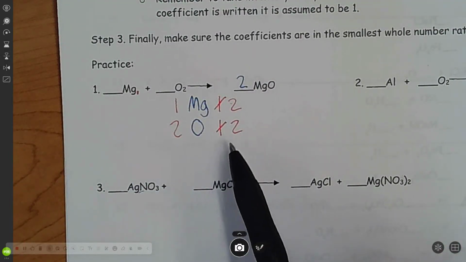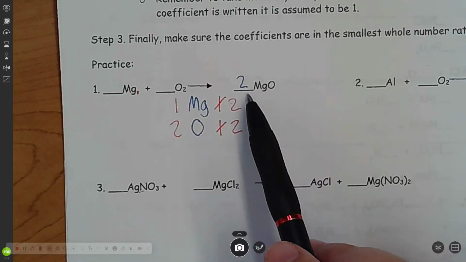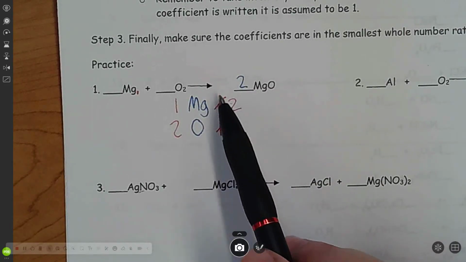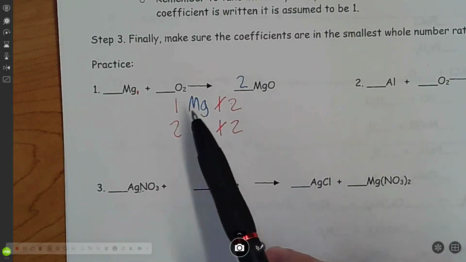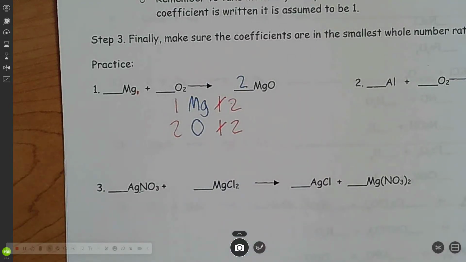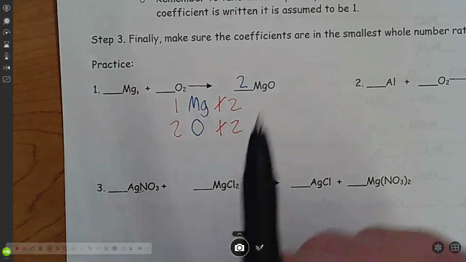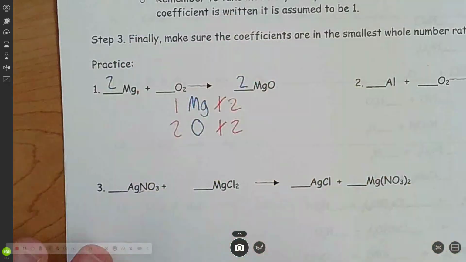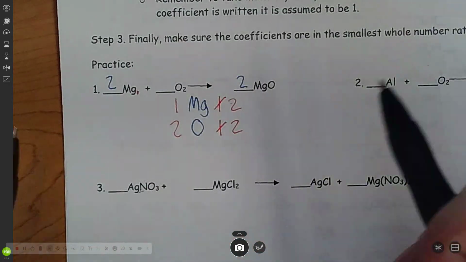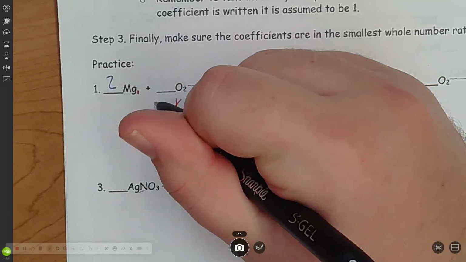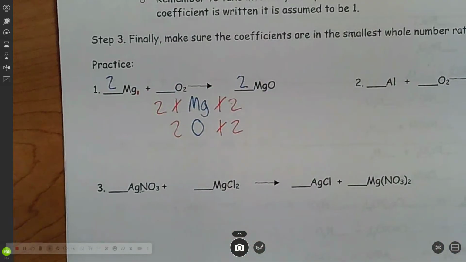So now oxygen is good, but you'll notice it also affected our Mg. Now Mg is out of balance. So we need to account for that by adding in another 2 to the Mg on the left side. And so that's going to turn that one into a 2 as well. Okay.